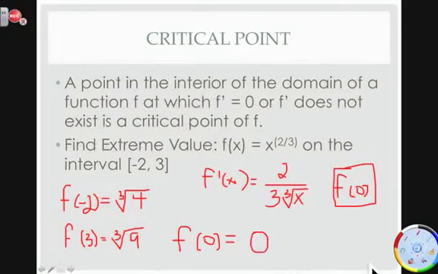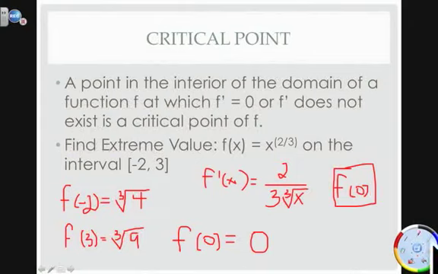Well, now I want to figure out what are the extreme values here? Which one's the minimum? Which one's the maximum? And it's hard to ask you the question here, but are we guaranteed a minimum and a maximum? And I hope you're saying yes, because the extreme value theorem says a function defined on a closed interval will both have a maximum and a minimum.